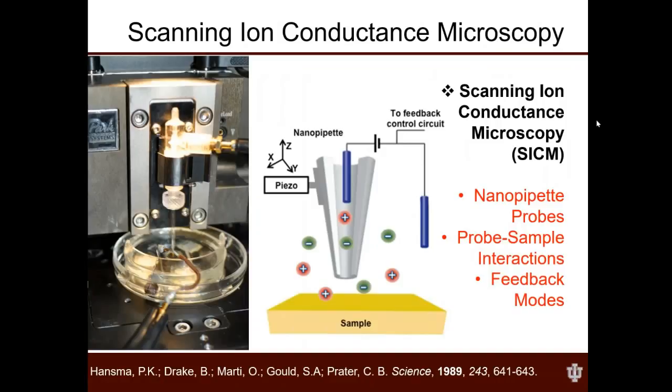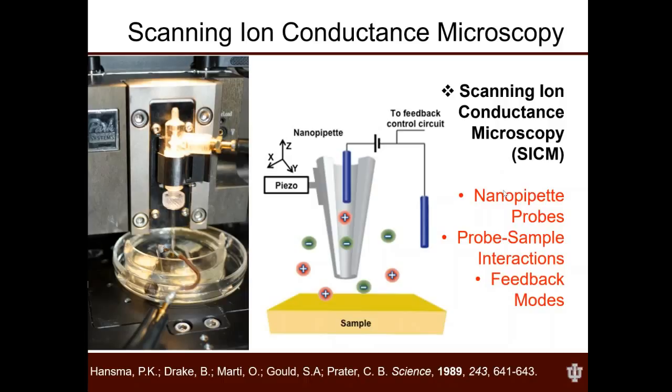Okay, so that gets us to the situation where we understand the measurement that we're making. We have a nanopipette with these two electrodes in it. We understand that this tip sample separation is what's controlling our feedback loop, and we know what the different kinds of imaging modes might be.